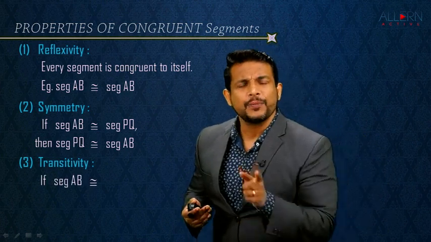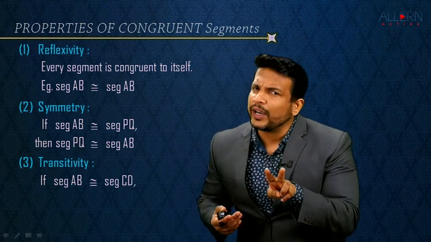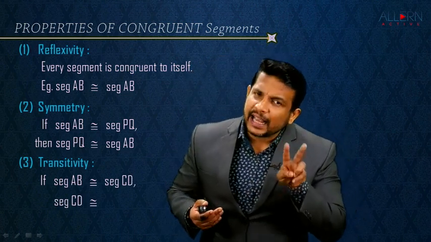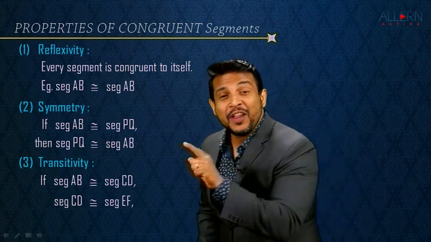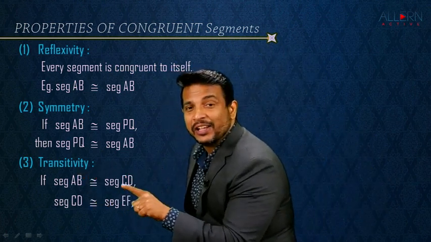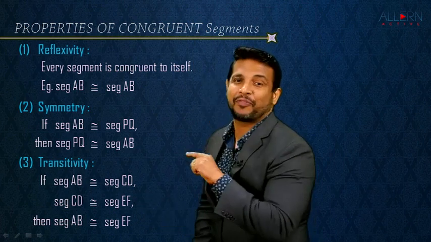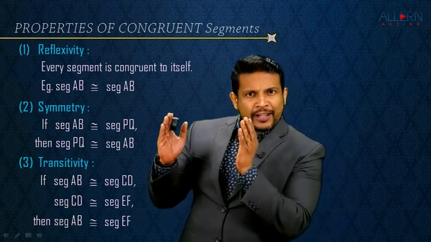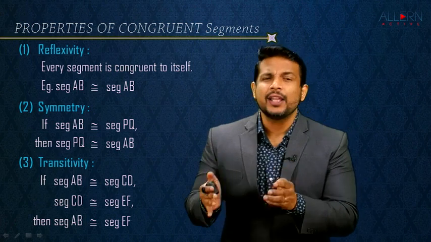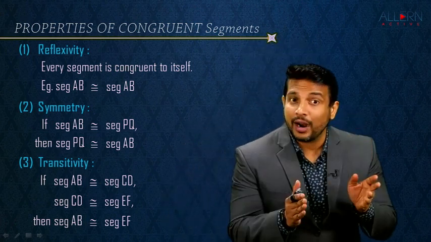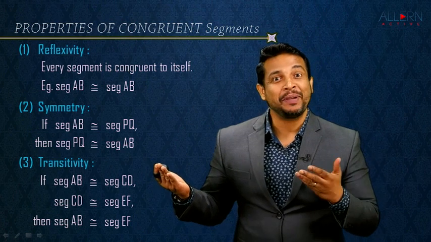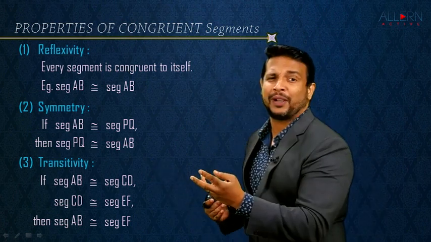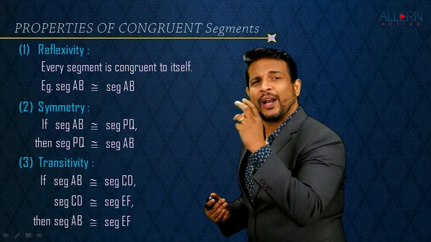What it says is, segment AB is congruent to segment CD and segment CD is congruent to segment EF. Then we know that segment AB is congruent to segment EF. What it means is first segment congruent to the second, second congruent to the third, then first is congruent to the third. That is what it means. So remember the three properties for congruent segments.